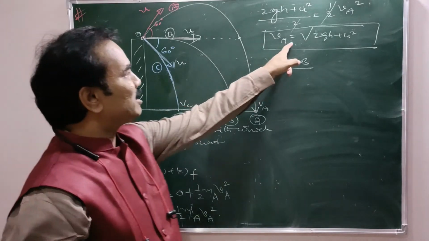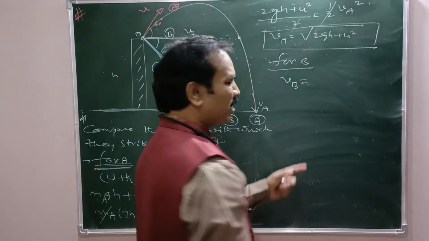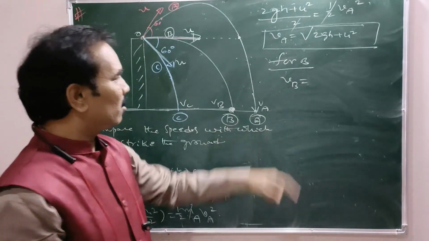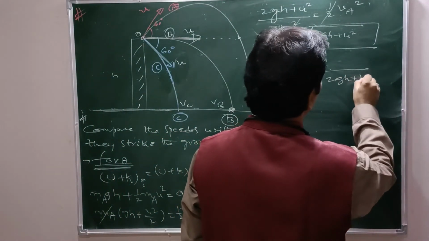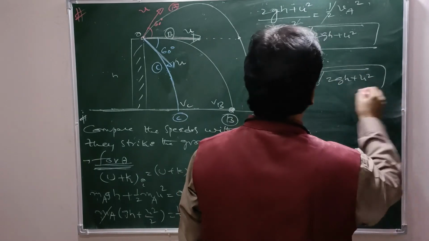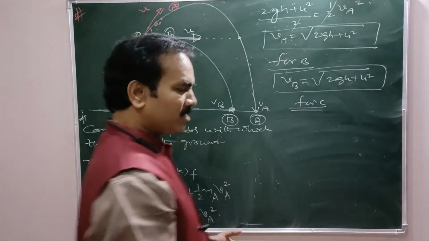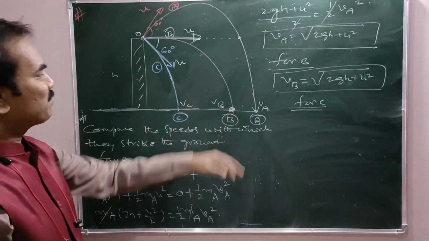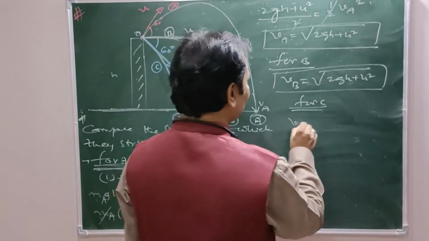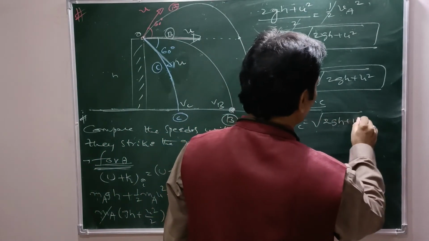So you will get the same expression. VB is the speed with which it strikes the ground. VB equal root over 2gh plus U square. Same one. For projectile C, if you proceed like that, you will get the same expression. That is, VC also equal root over 2gh plus U square.